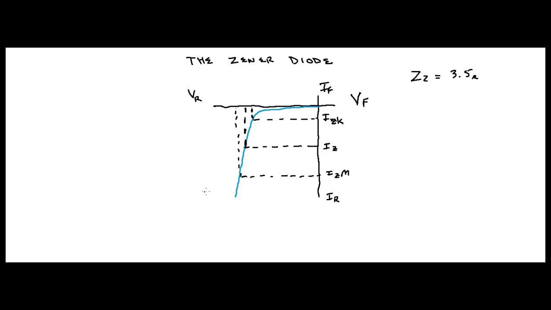Remember, we're talking about the slope of this line. The change in volts, delta V, over your change in I, delta I, gives you ZZ. So remember that: delta V divided by delta I is going to equal ZZ.